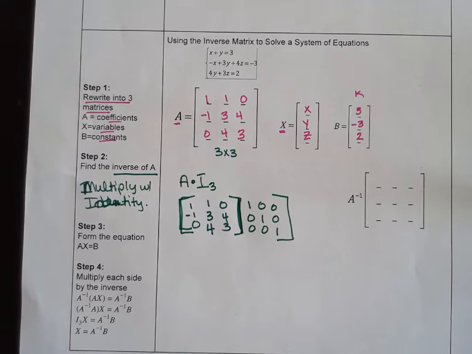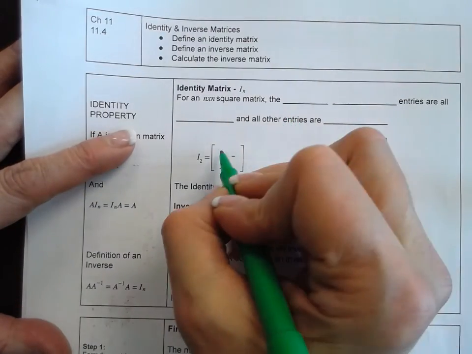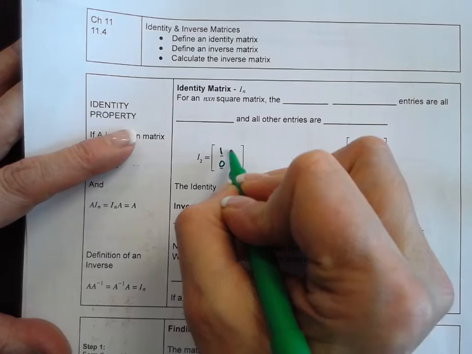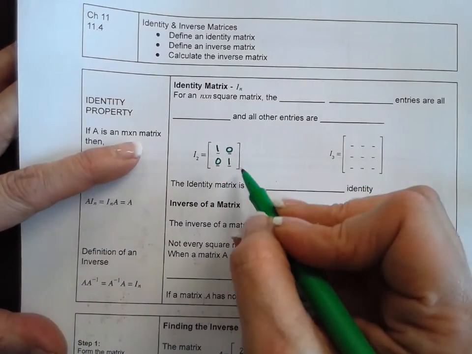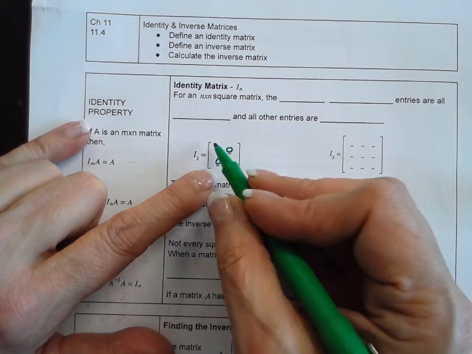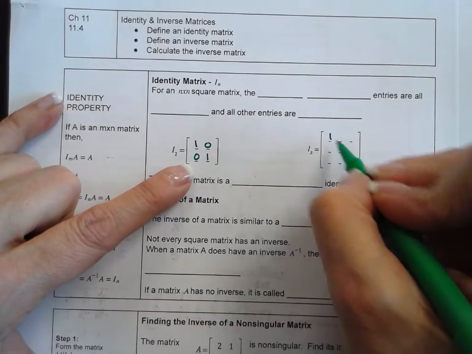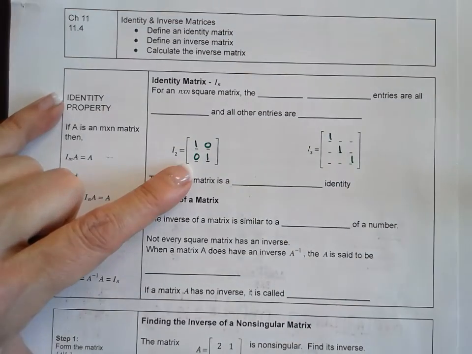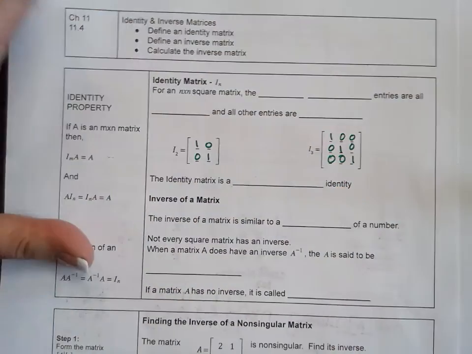Because my identity, when we were talking about yesterday, is always like your reduced row. If it's an identity of 2, it's a 2 by 2 and the ones are your main diagonal. If it's a 3 by 3, you have the ones in the main diagonal and everything else is zeros.